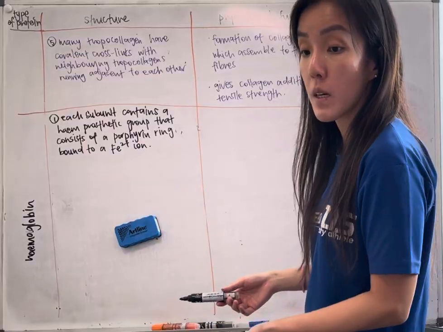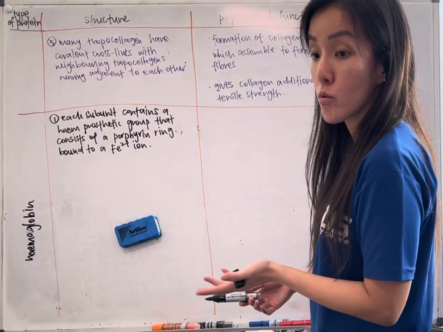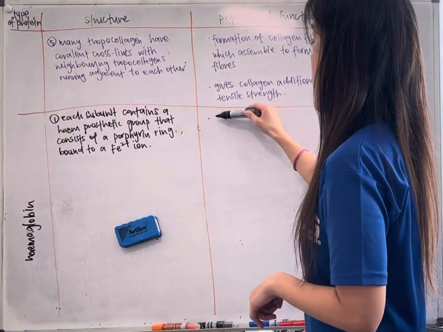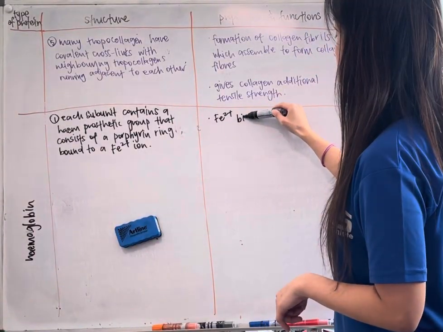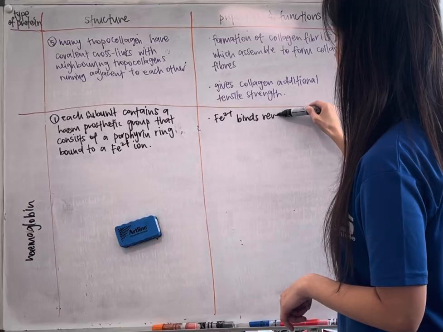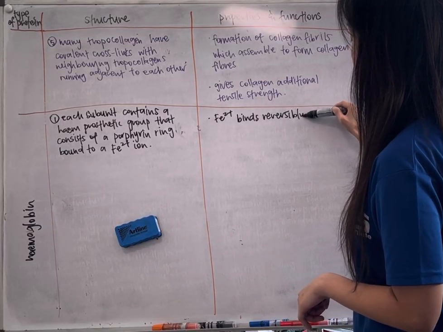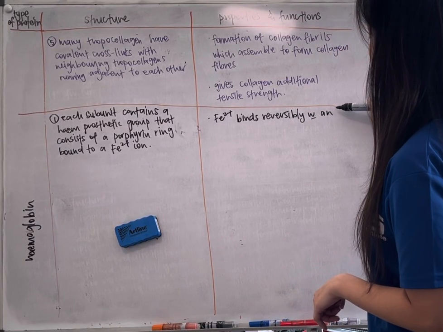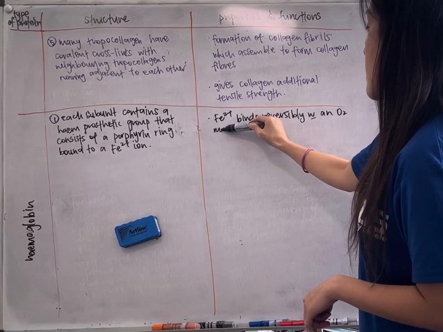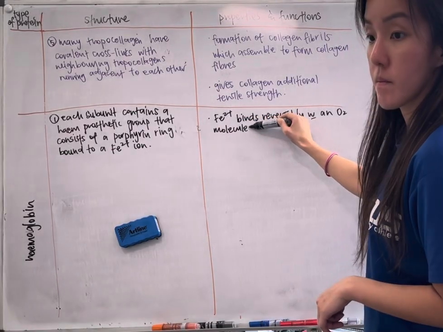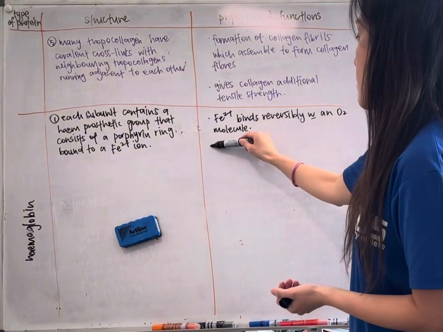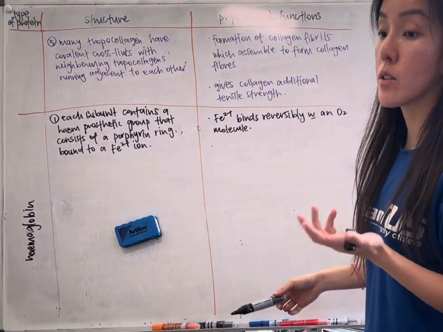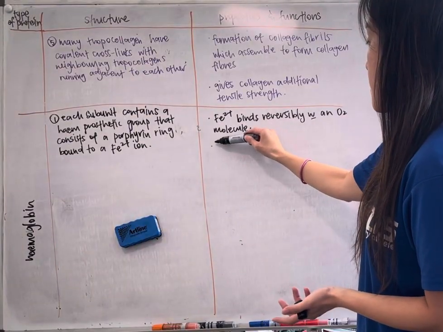The Fe2+ is the one that binds to your oxygen. This is the property. So what does this allow for function? It enables hemoglobin's oxygen transporting function.